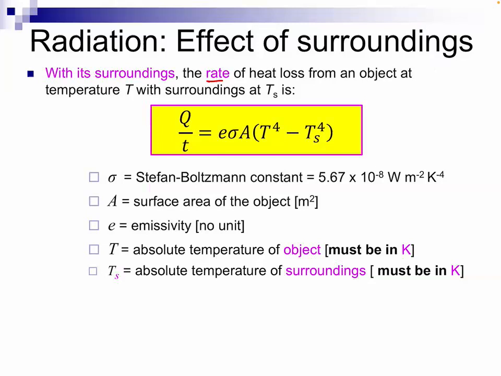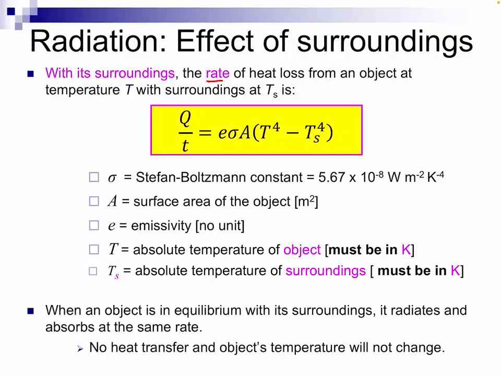Everything else will be the same, except that the time factor goes to the other side of the equation here. And as I've always been emphasizing, even for heat transfer by conduction and convection, when the temperature of the object is equal to the temperature of the surroundings, heat transfer stops, even for heat transfer by radiation.